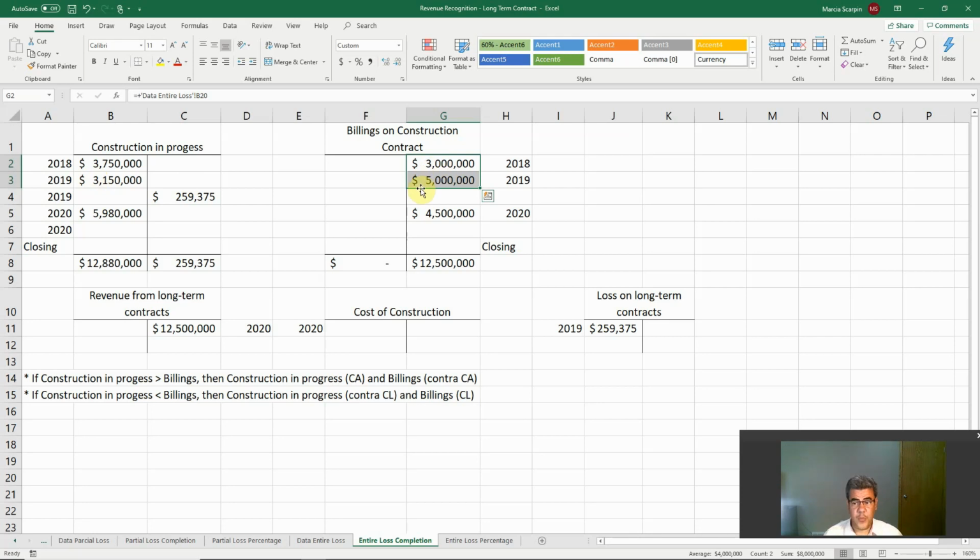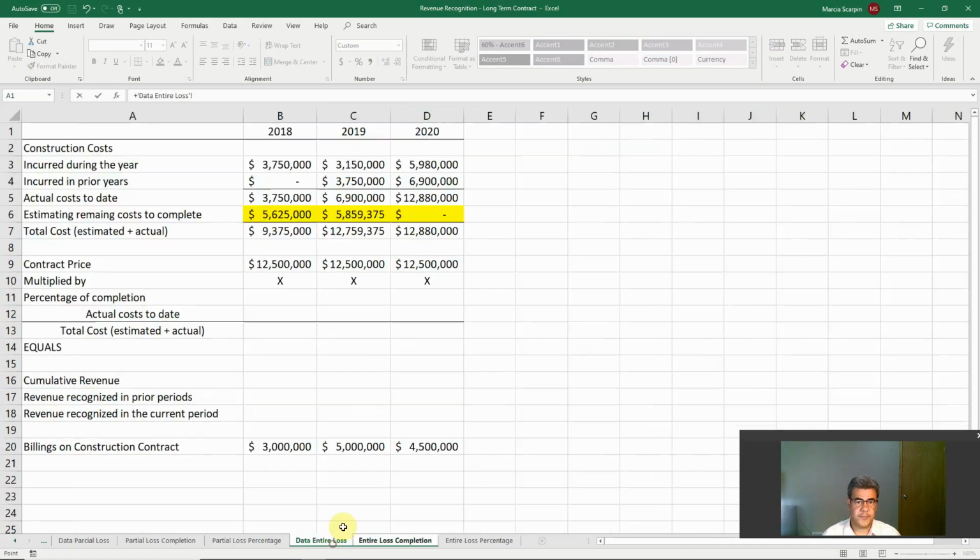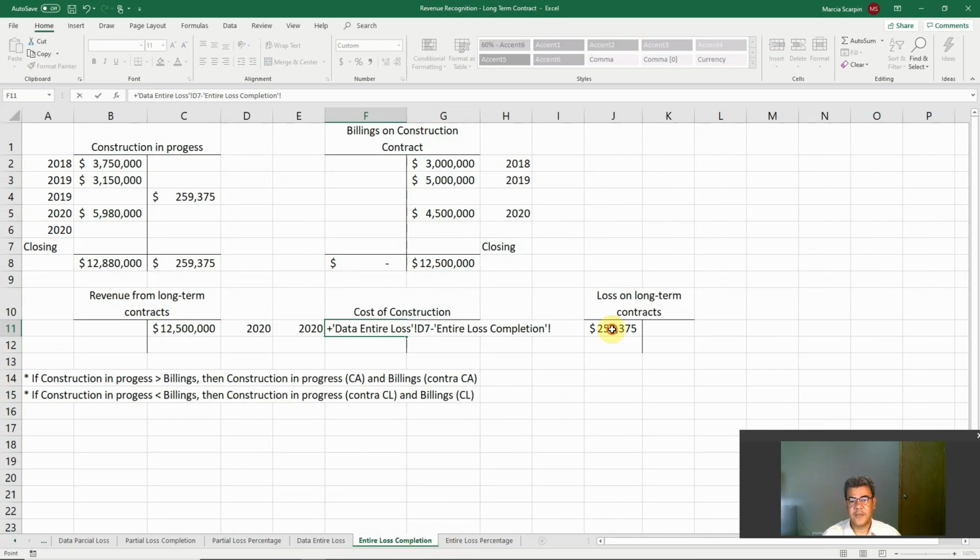Okay, so here we are. The cost of construction here. Our cost of construction is 12.8. However, less the 259.